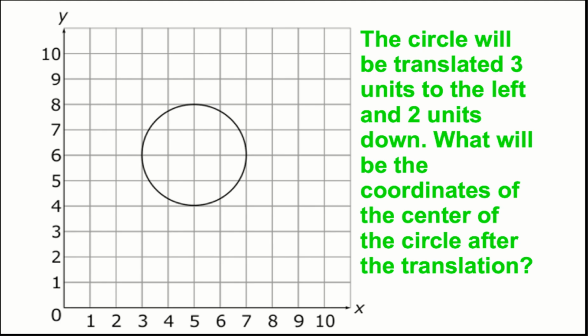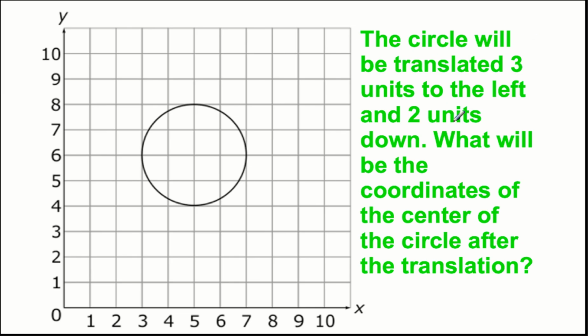Translate the circle. This one was on our cluster B test. Juliana? 2-4 is correct.